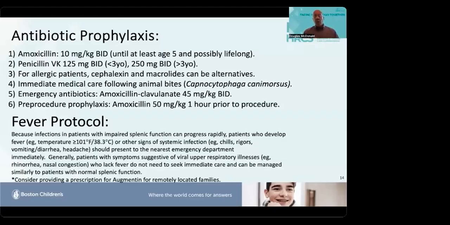We also would recommend consideration of providing a prescription for Augmentin for patients who are remotely located and don't have rapid access to medical attention. They can start the medication at home and then proceed to the nearest medical facility that is available.